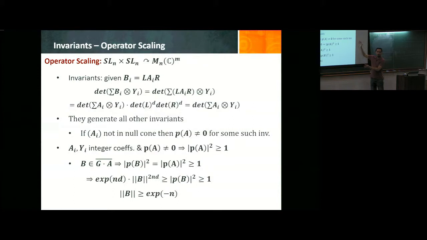You don't need to think about the calculation. What we are showing is that if you have a group action and nice invariants that define your null cone, then if you're not in the null cone and you're an integer point, your entire orbit is really far from 0.